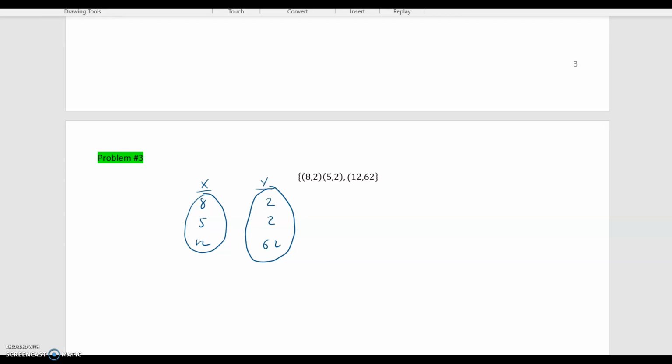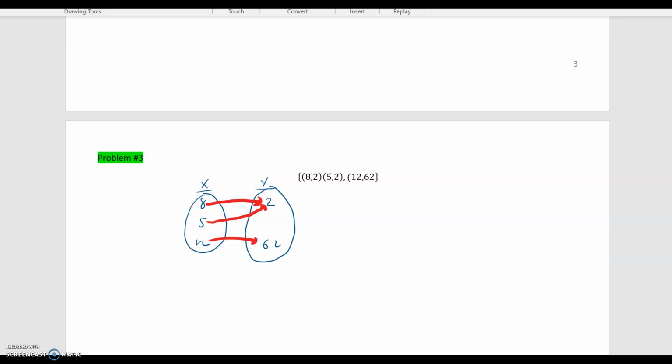Okay, so 8 goes to 2. So wait, no repeats. So I need to erase this one. So 8 goes to 2, goes here. 5 goes to 2, goes here. And 12 goes to 62, goes here.